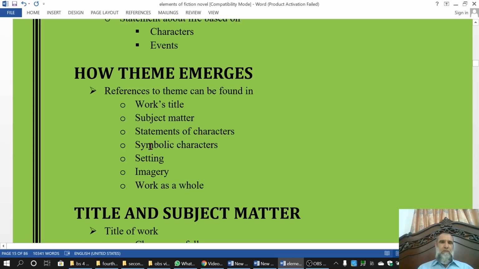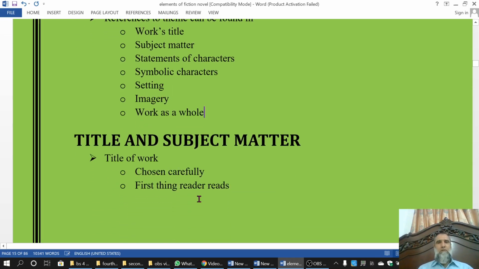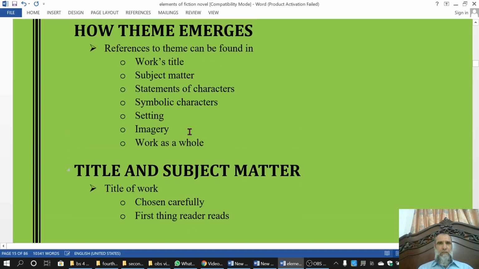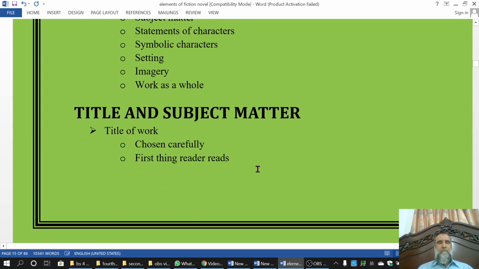We can talk about symbolic characters. Through them we can know about the theme. Setting can tell us about the theme. Imagery is important, and the work as a whole is also important. So we will now discuss them one by one, how theme emerges or how can we find out about the theme. The first thing is the title and the subject matter.